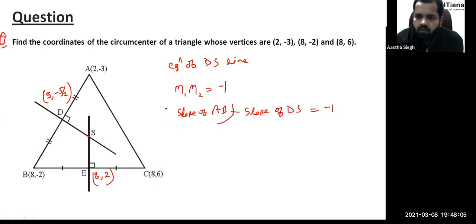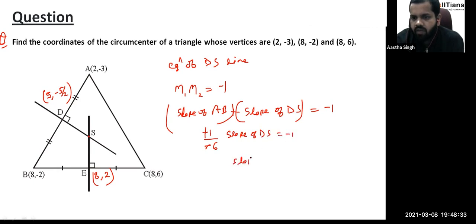Slope of AB is y2 minus y1 upon x2 minus x1, that is, (-2 + 3) over (8 - 2), which is 1 by 6. So the slope of DS will be minus 6. Got it? Slope of DS will be minus 6.